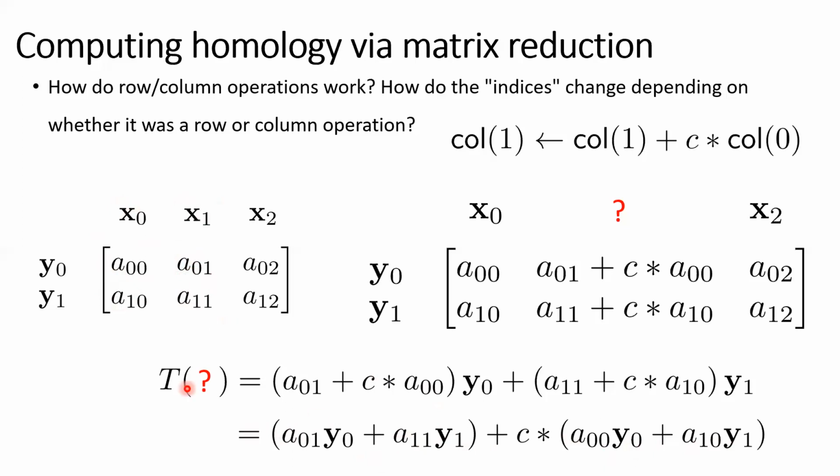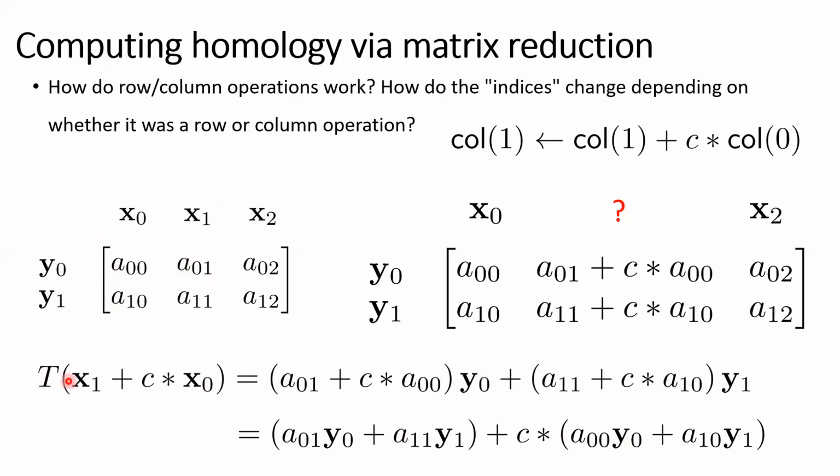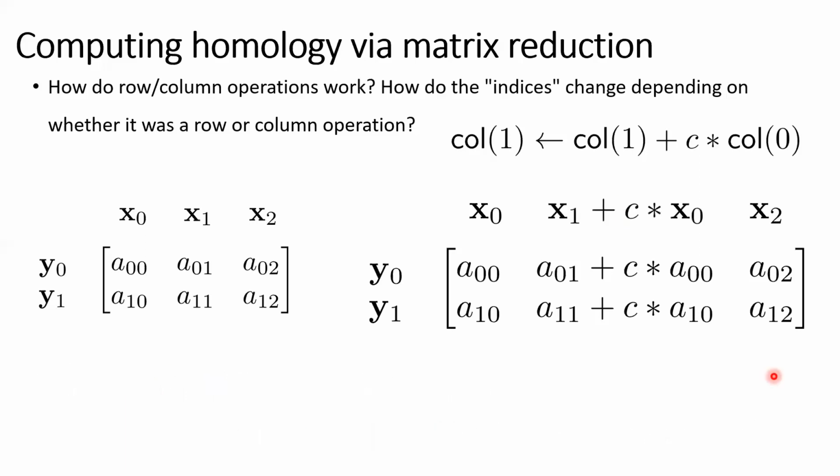So we can go ahead and replace this question mark by this vector, right? So if you do T of x1 plus C x0, that is exactly the same thing as what I have here on the right-hand side. So what that tells you is that the mysterious element should be exactly that, x1 plus C times x0.